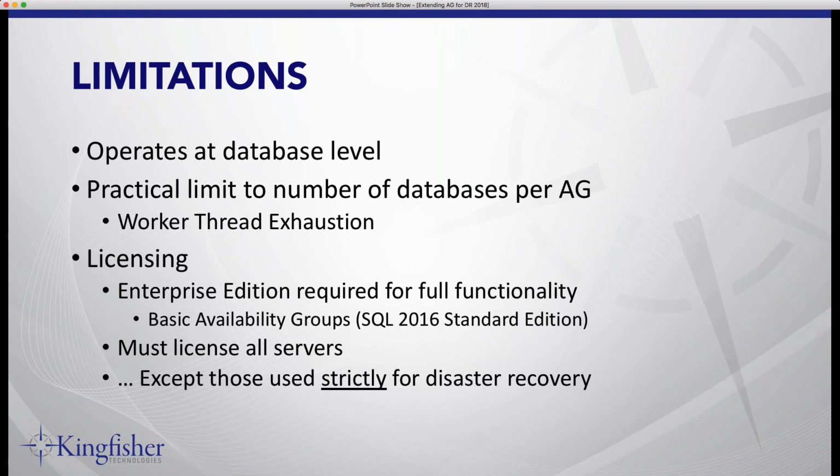Everything else is limited to Enterprise Edition at this point in time. And you must license all servers involved in the availability group. You may have one disaster recovery node if you do not touch it for any other reason, including backups. But it has to be strictly passive and strictly waiting for something for the failover to happen.